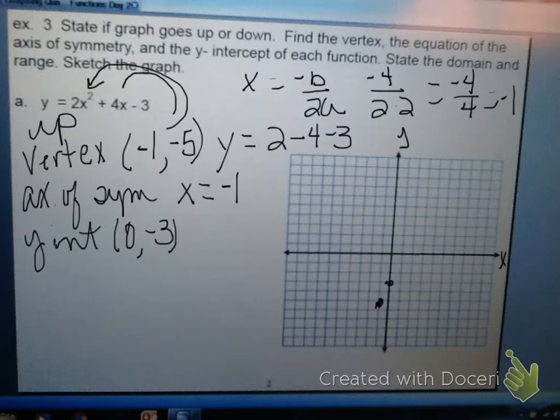Now we need to draw our axis of symmetry, which is a vertical line at the vertex. Now I can't do a dotted line. This doesn't do dotted. Well, yes it does. There we go.